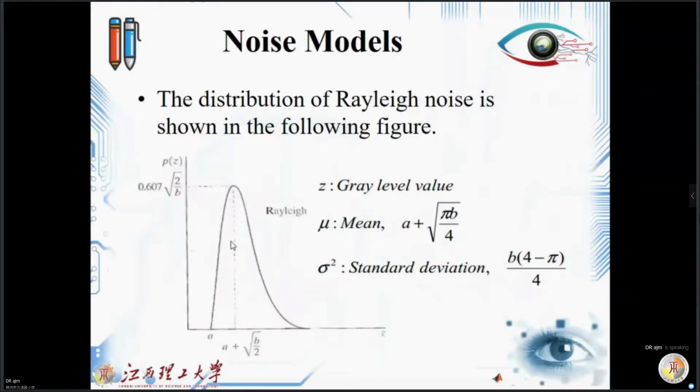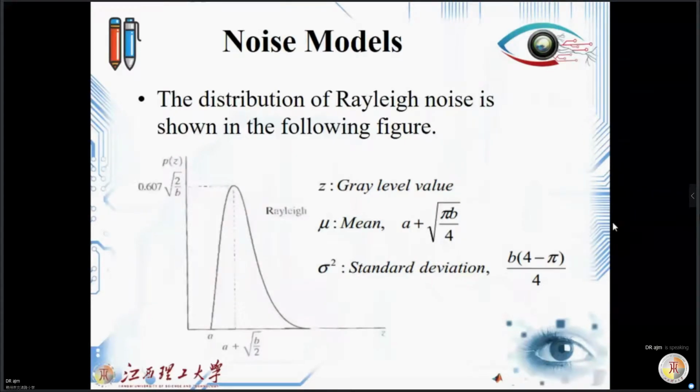The nice thing in Gaussian noise is that you have one center point, which has the plus minus of something. But here you just have the top, and the value will be calculated based on the formula that they give here.